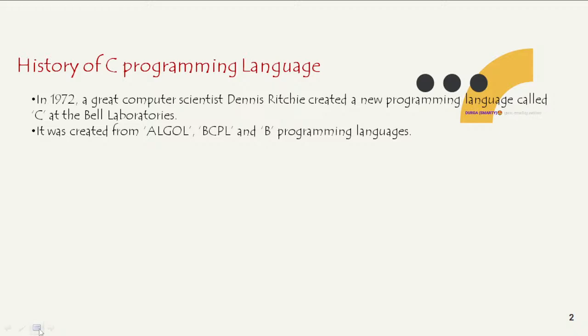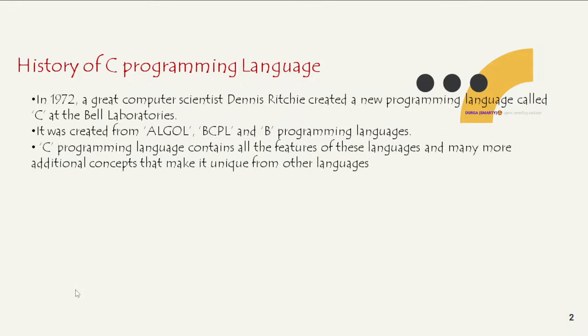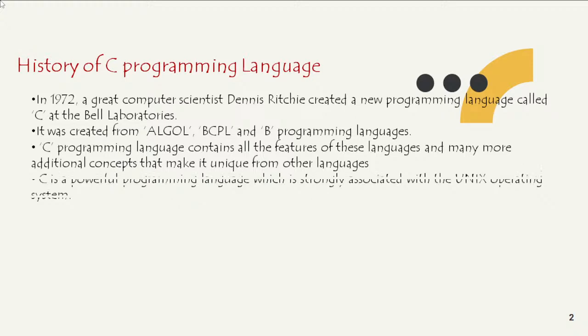After B and BCPL, they simply named it the C programming language. C contains all the features of ALGOL, BCPL and B languages and many more additional concepts that make it unique from other programming languages.